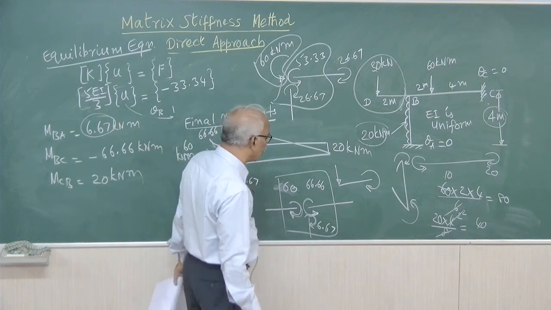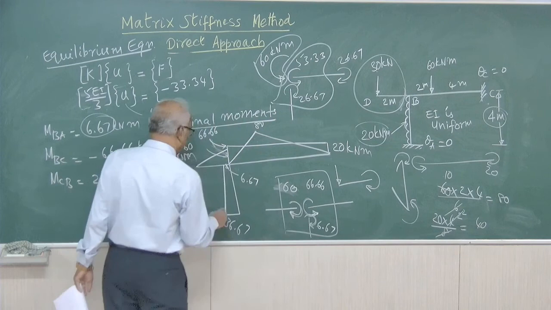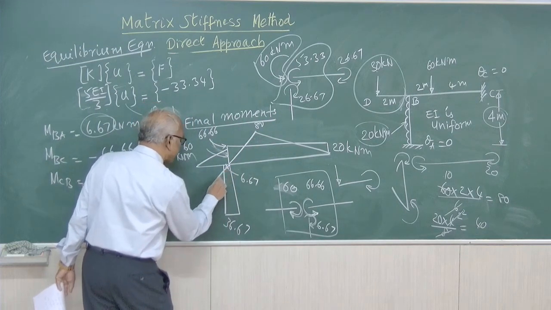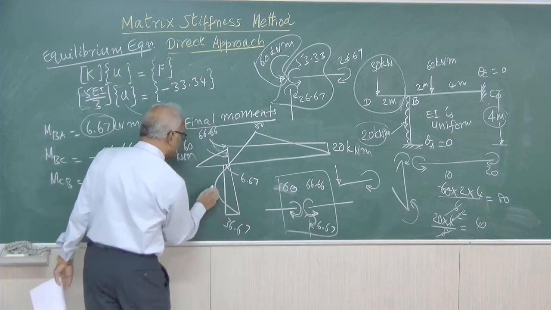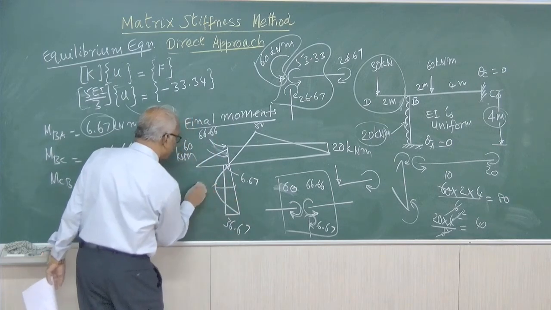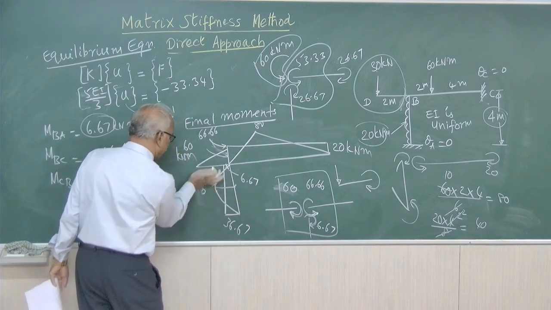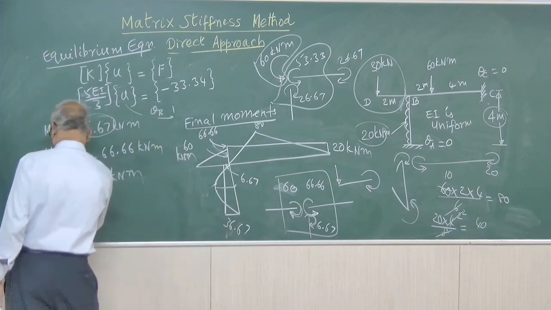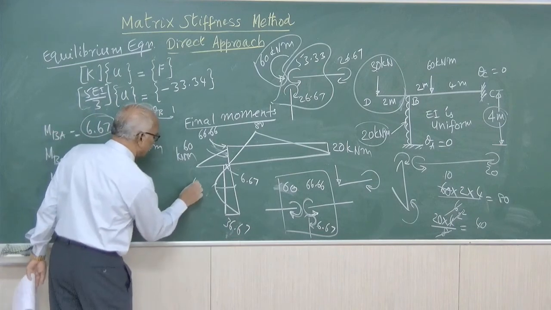So 20 into 2 equals 40. Therefore, here at the center it will be 40. So this maximum value is 40.